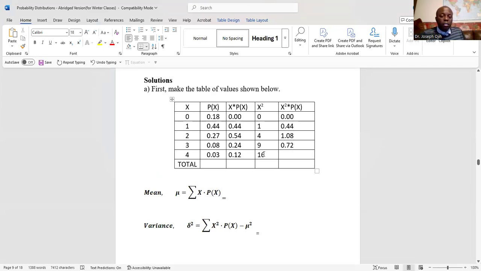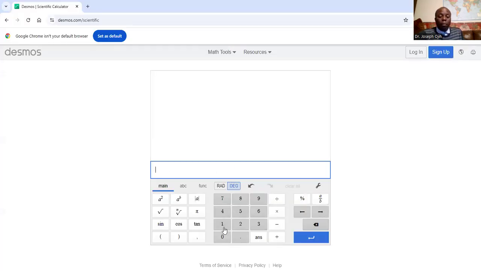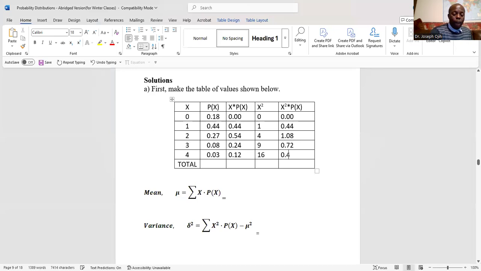Last is the 16 times 0.03. 16 times 0.03 is 0.48.